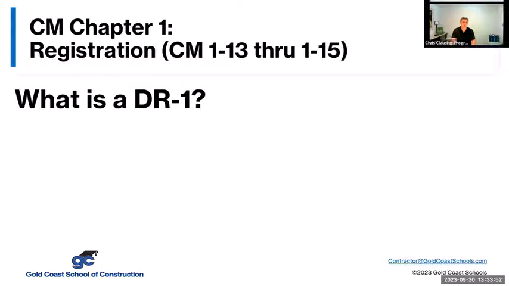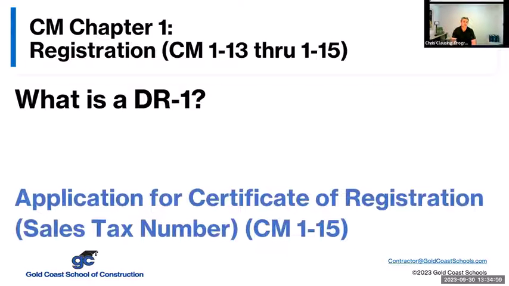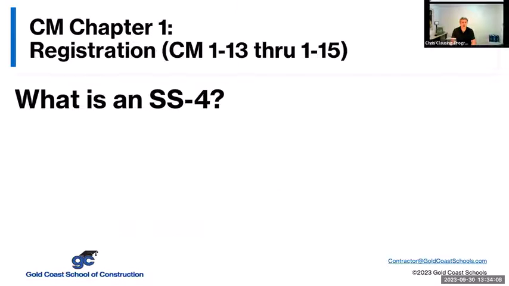So what is a DR1? Well, remember in the index, we talked about forms. That seems like a good spot. Application for certificate of registration, that takes you to CM 115, also known as a sales tax number. And what is an SS4? Again, the forms be a pretty good spot for this.